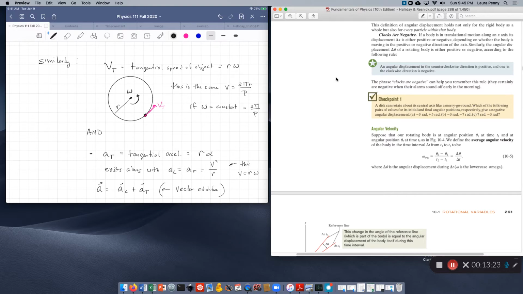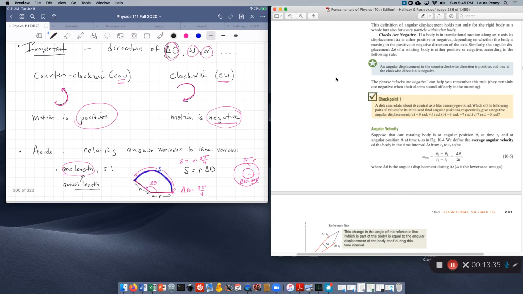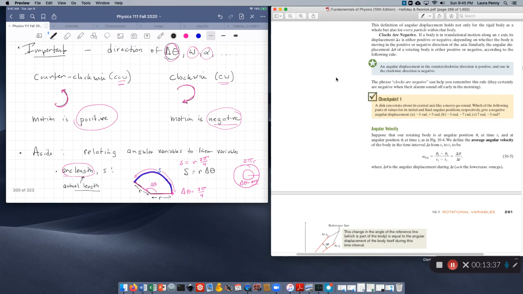And again, this object is r away from the center. If I want to know the tangential speed, then I just multiply r times omega. So to get the actual length, I multiply r times the angular displacement, and I get a length.